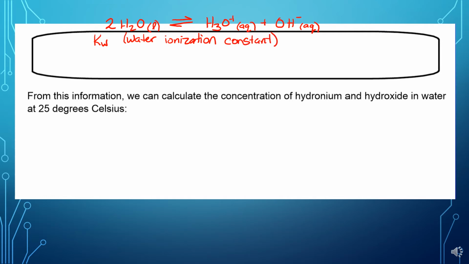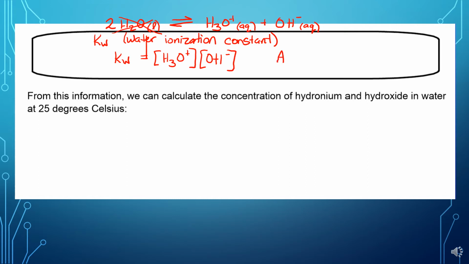Again, this is just a special form of an equilibrium reaction. Kw is equal to the concentration of hydronium multiplied by the concentration of hydroxide. You'll notice that we leave out the water altogether because the two water molecules are both in liquid form on the left-hand side, so we leave those out of the expression.